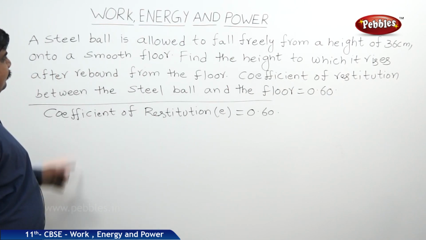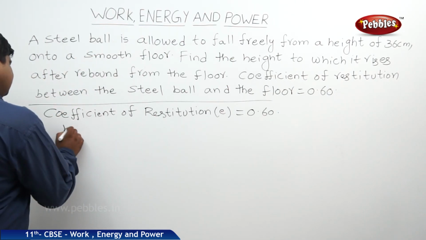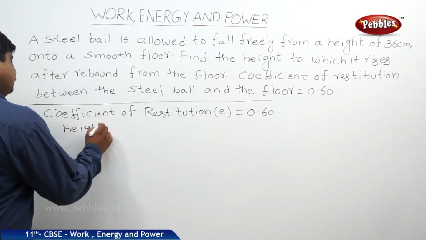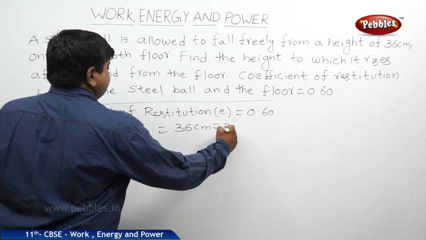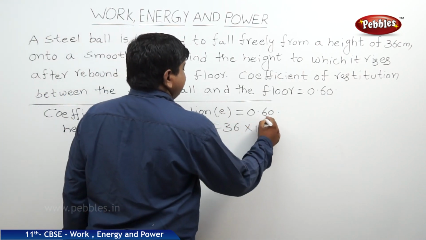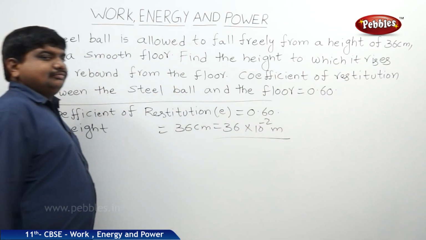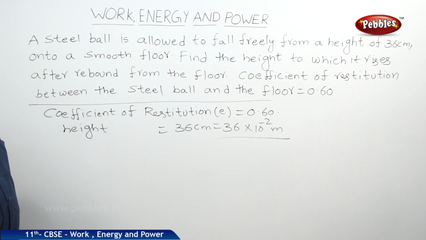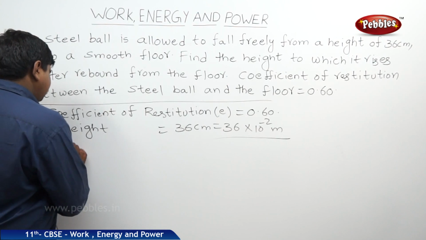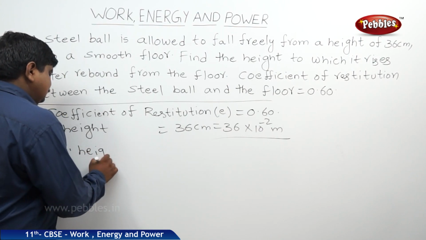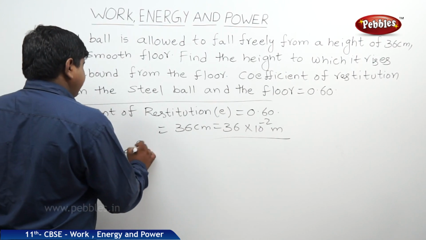Height h is 36 centimeters. It is nothing but 36 into 10 to the power of minus 2 meters. If this is the case, we should find the height which it rises after rebound from the floor.